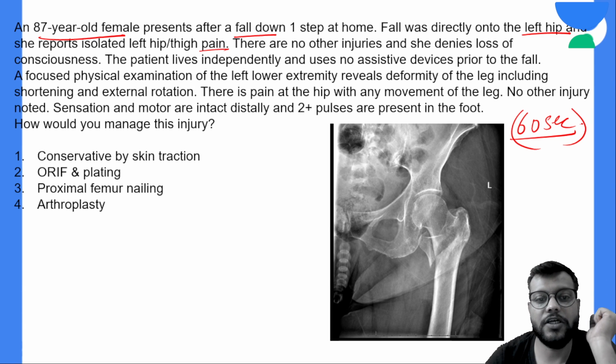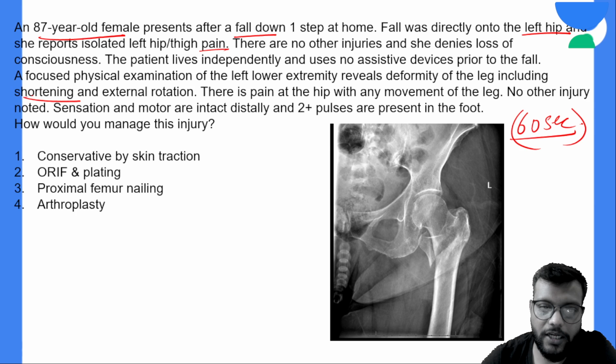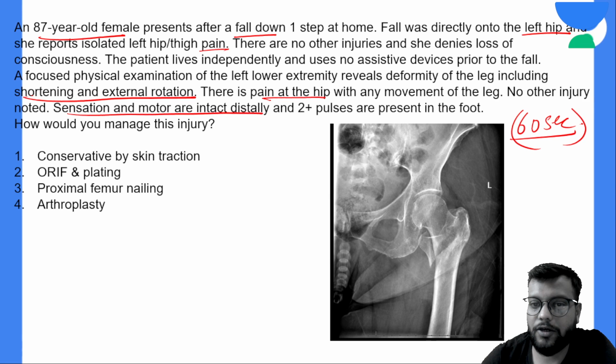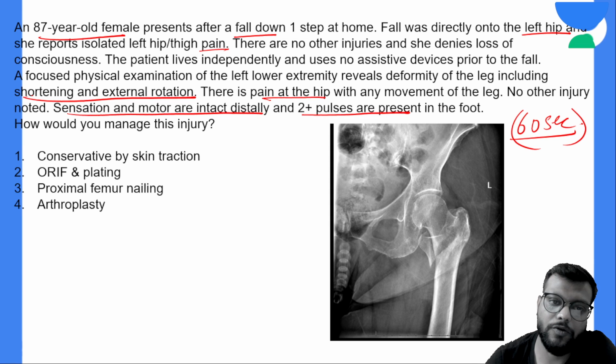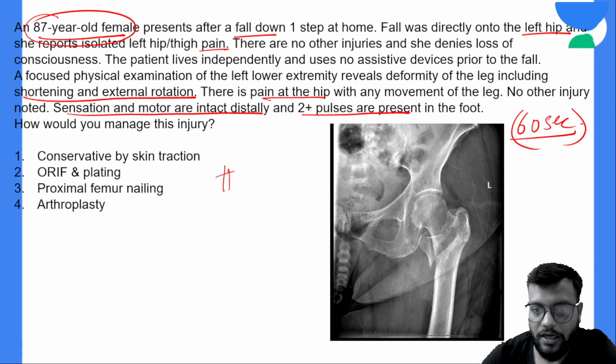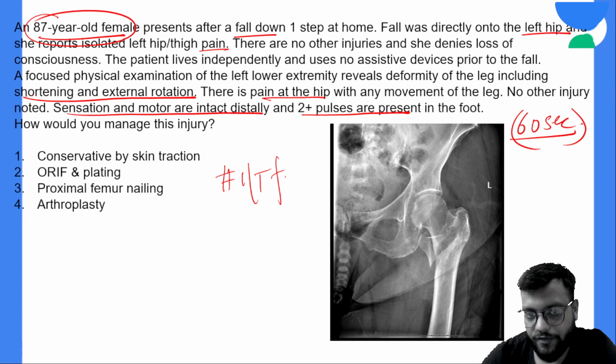A focused physical examination of the left lower extremity reveals deformity of the leg, including shortening and external rotation. Pain at the hip with any movement of the leg. No other injury. Sensation and motor are intact, and 2 plus pulses are present and neurovascularly intact. How would you manage this fracture? Old age characteristic, IT femur fracture.